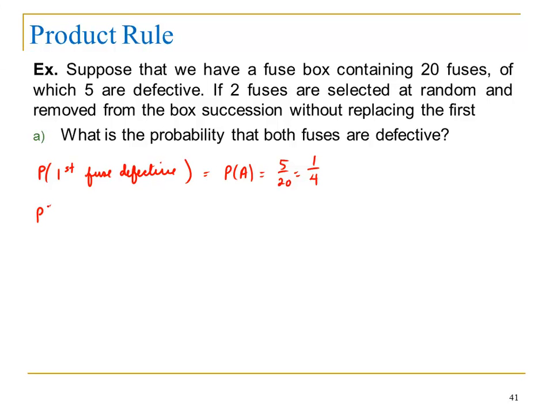But the probability of the second one is conditioned on the first one being defective. So the probability of B given A is 4/19. If the first one is defective, then we know that the second one has the probability of 4/19 to be defective.